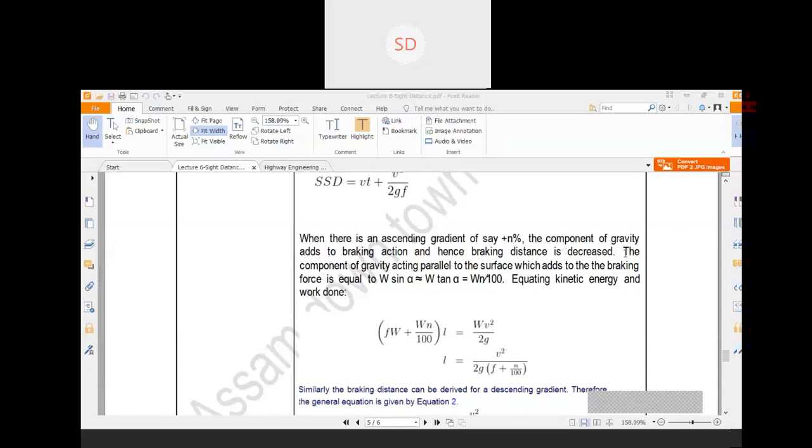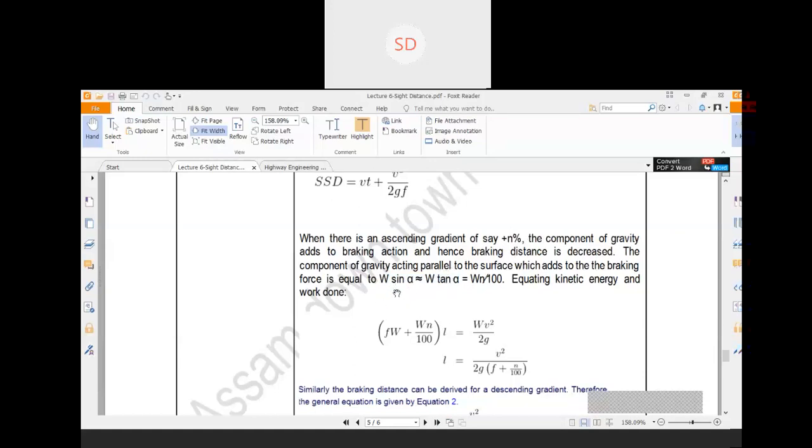Now the component of gravity acting parallel to the surface which adds to the braking force is equal to W sine alpha. As this n, that is your elevation, is very low, sine alpha can be equivalent to tan alpha.